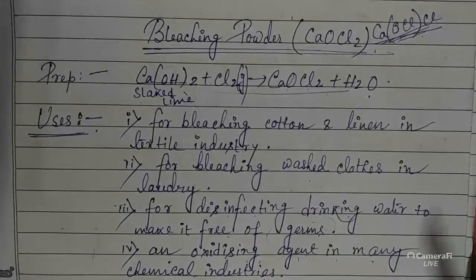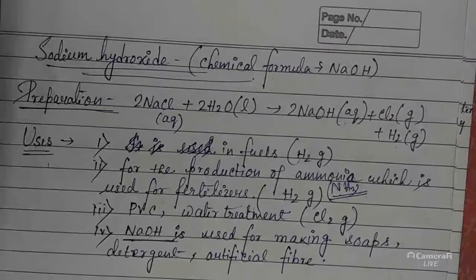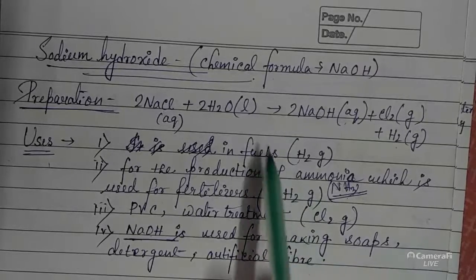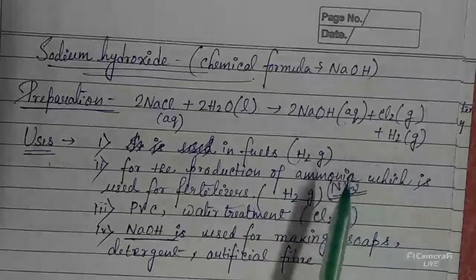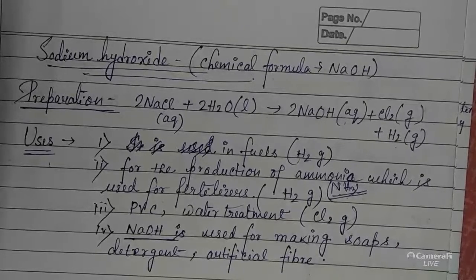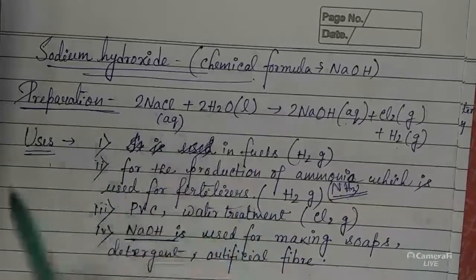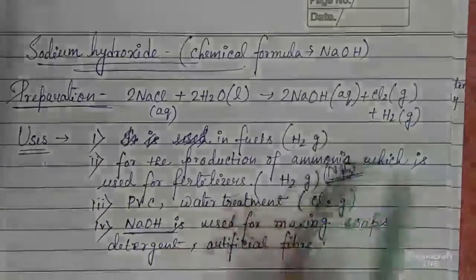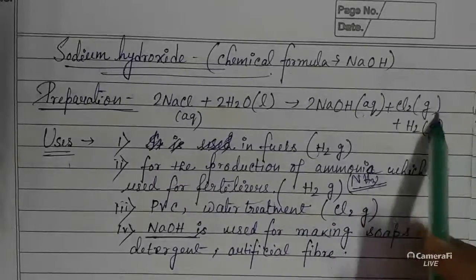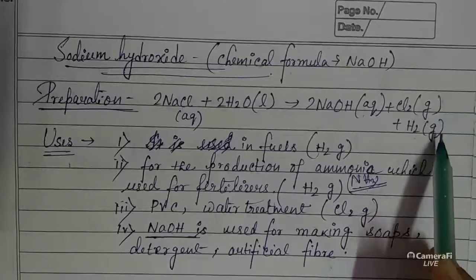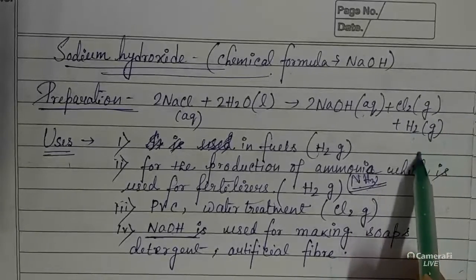So what we have got from sodium hydroxide: sodium hydroxide is used for soaps, detergent and artificial fiber. And how will you prepare the sodium hydroxide? Sodium hydroxide will be prepared by electrolysis. That means when electricity is passed through the brine solution, sodium hydroxide is produced, and chlorine gas will be produced at the anode, and hydrogen gas is produced at the cathode.